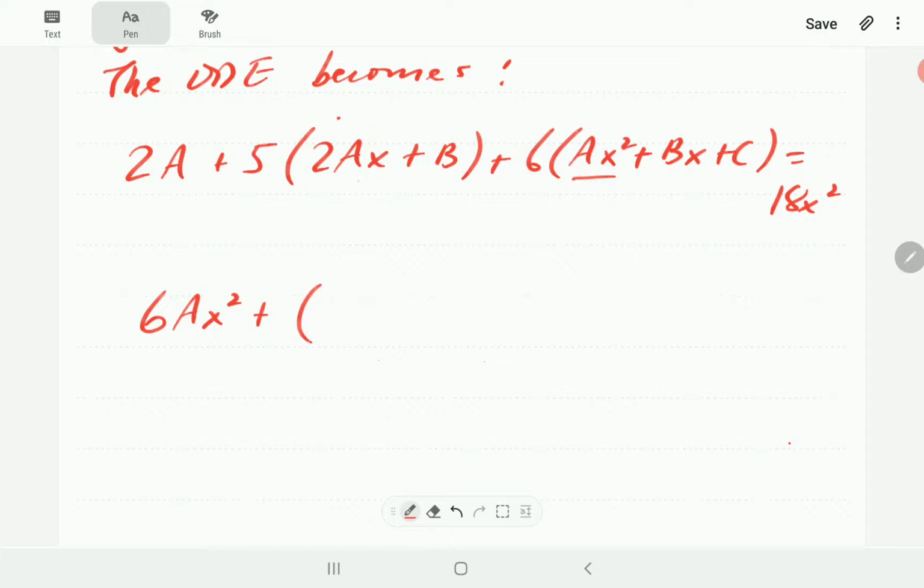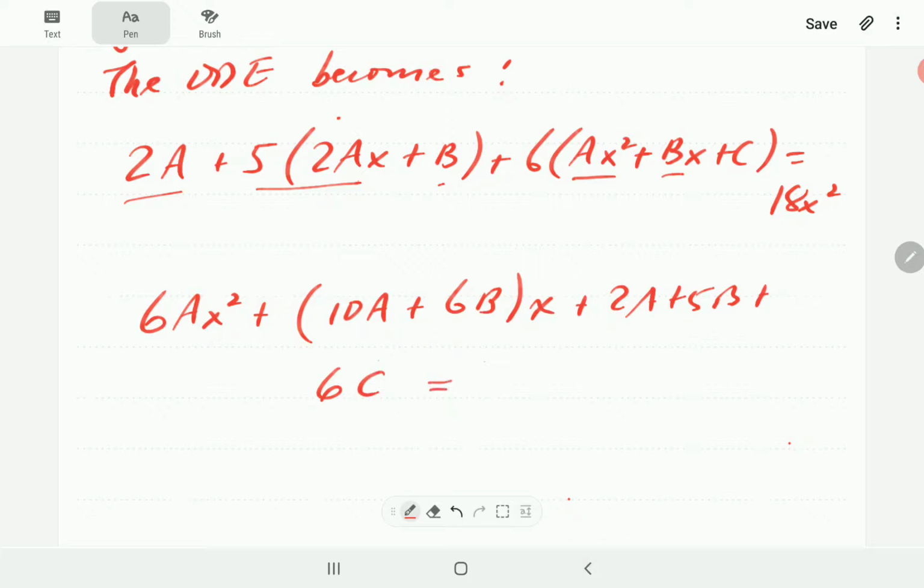Then the terms involving x are going to be 10a here and 6b there. Then the constants are going to be 2a from here, 5b from here, and 6c from there.